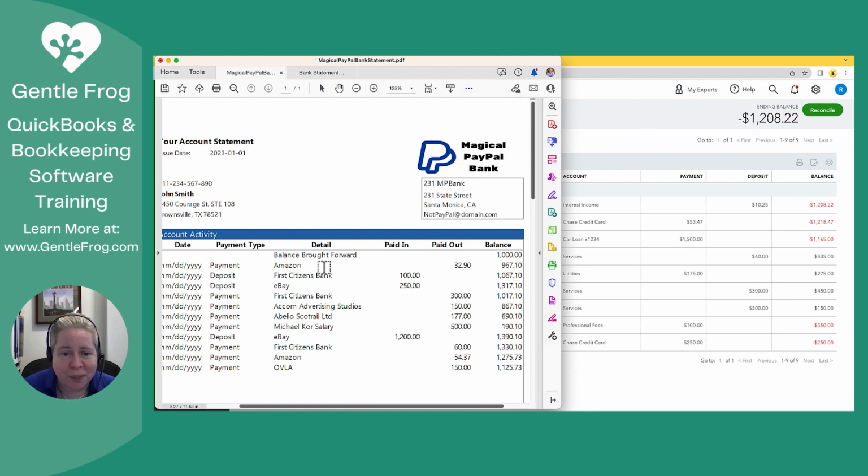So let's highlight. Amazon, that doesn't show up at all. eBay, 250. I don't see 250 in revenue, so that doesn't show up. The $300 paid out, that is this one, so that's okay. The 150 paid out. I don't see where we spent 150 for some sort of advertising. The 177 I don't see.